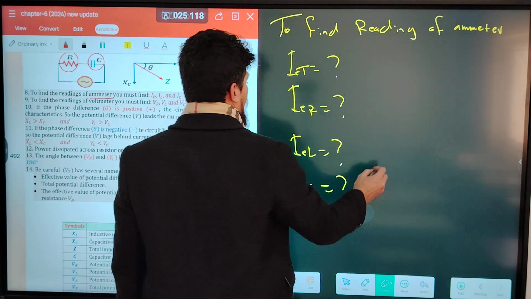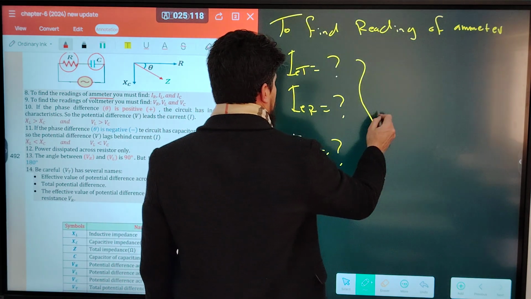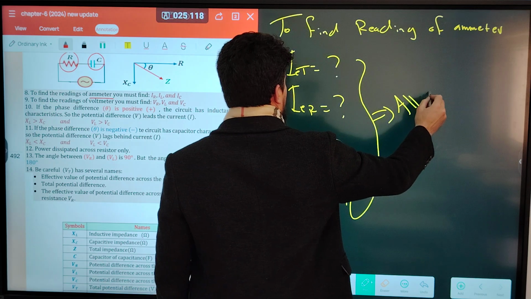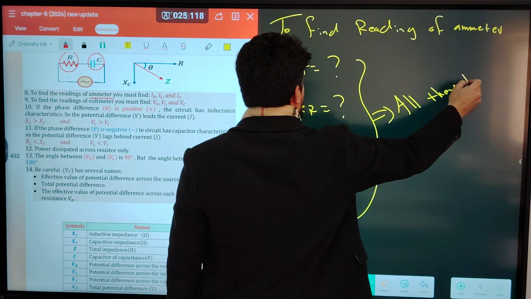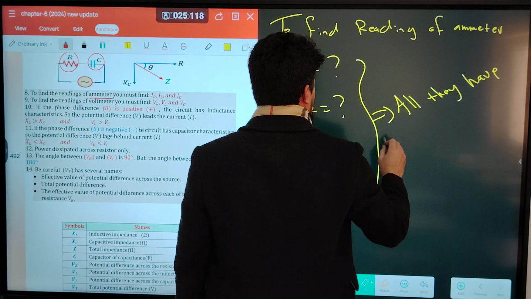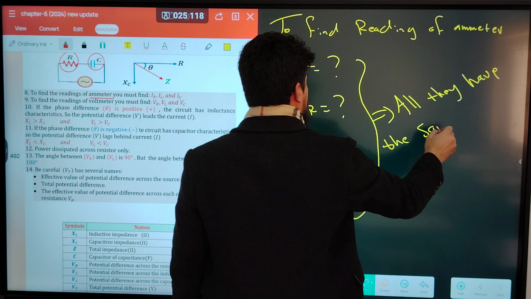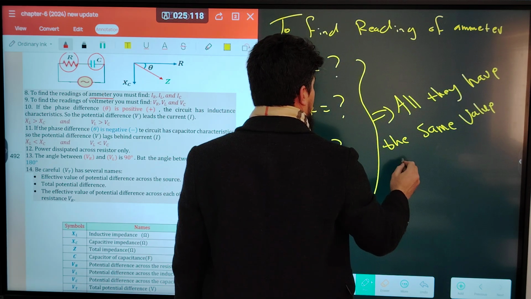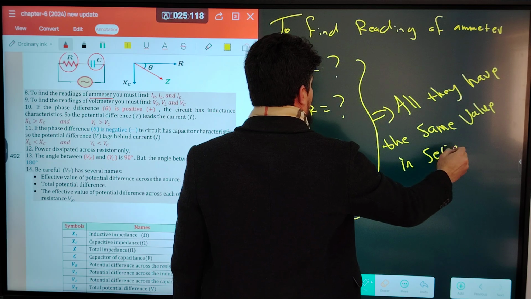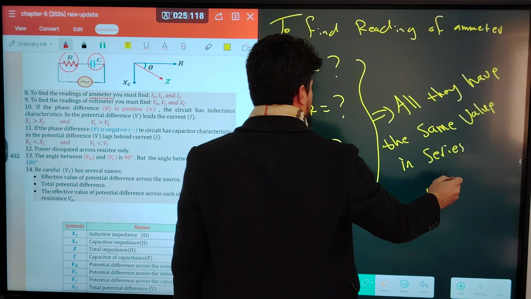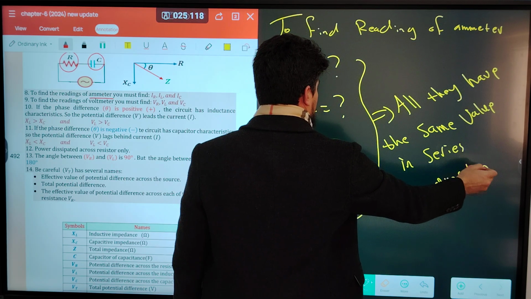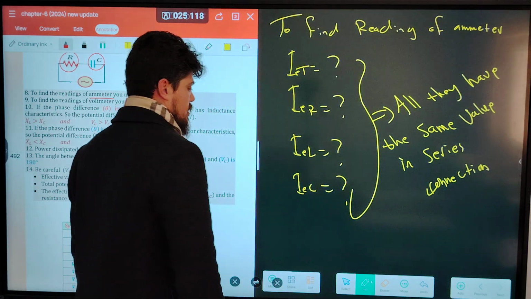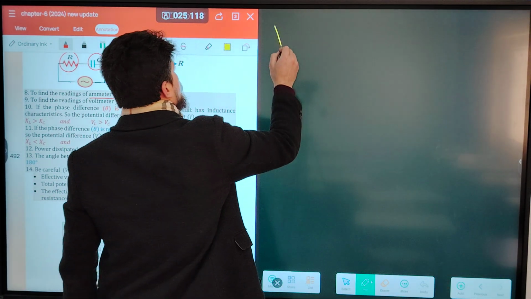In series connection, they all have the same value. They have the same value in series connection, guys.